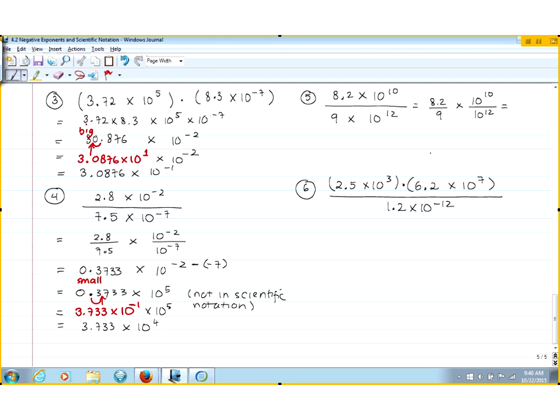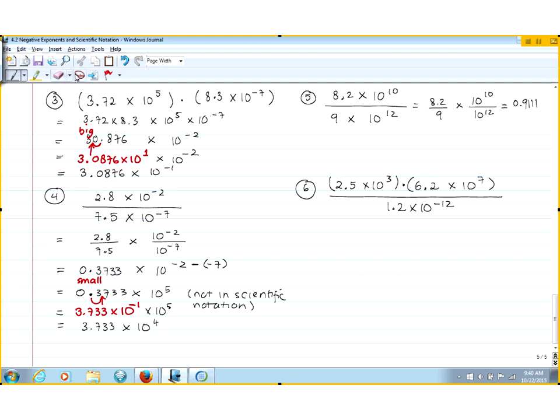What is 8.2 divided by 9? So 0.911? Okay. 911. 3 decimals or 4 decimals. You want 4 or 3? 3? Okay. Usually we do 4, didn't we? Maybe do 4. It doesn't matter actually. You could do 3 or 4.